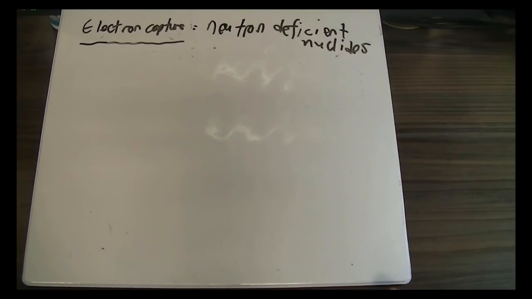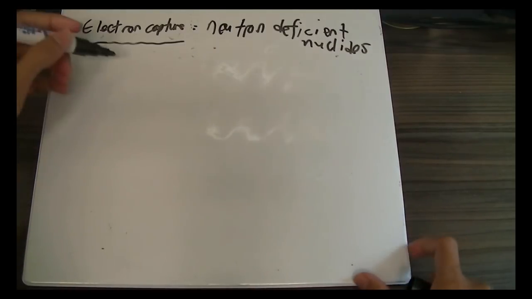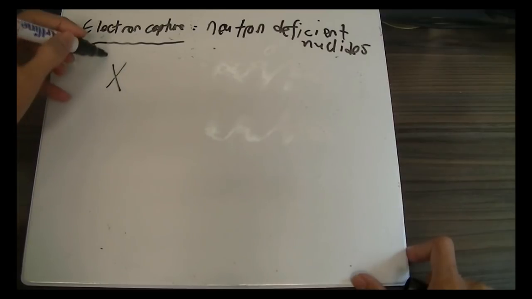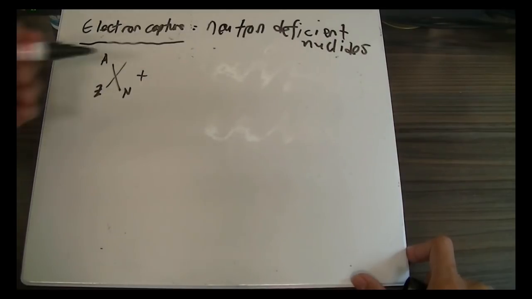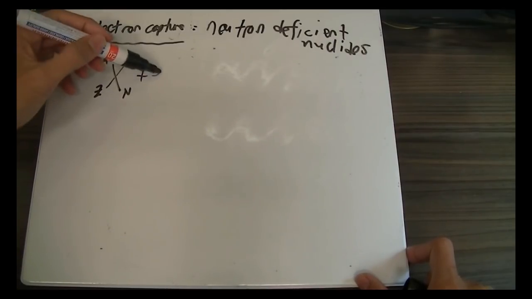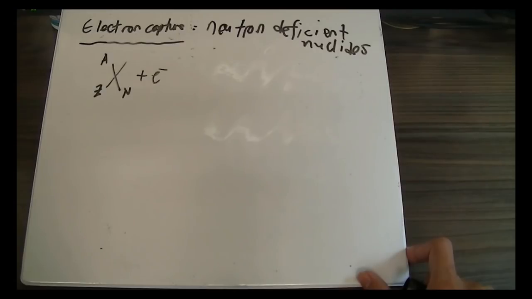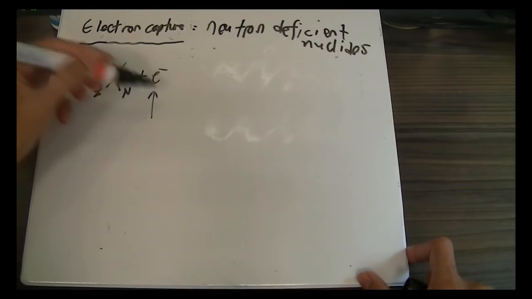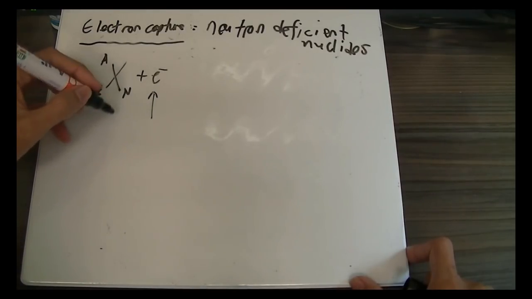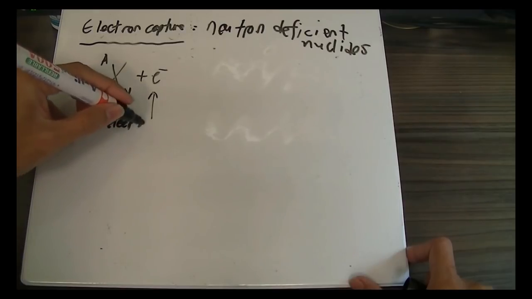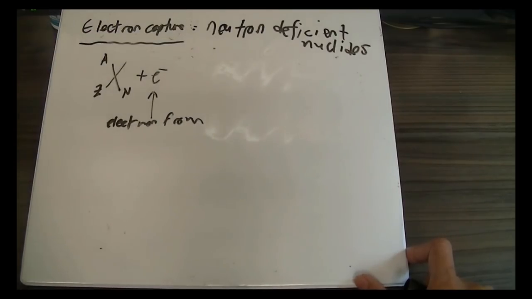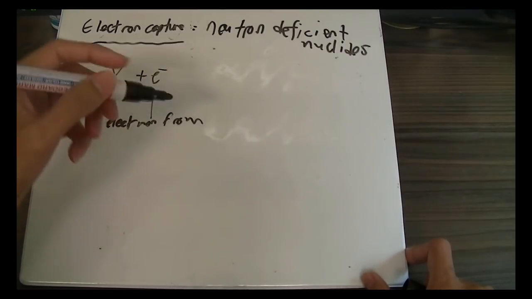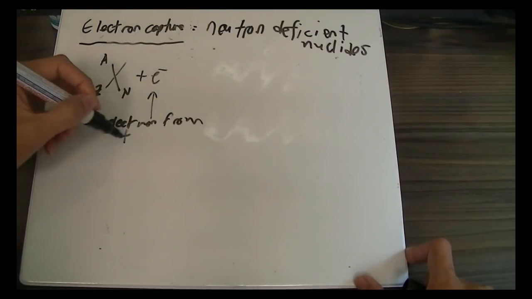So in the electron capture, the parent nucleus is actually capturing an electron from the K shell.